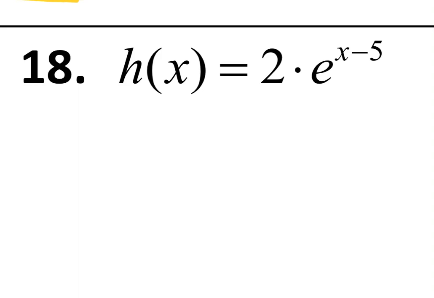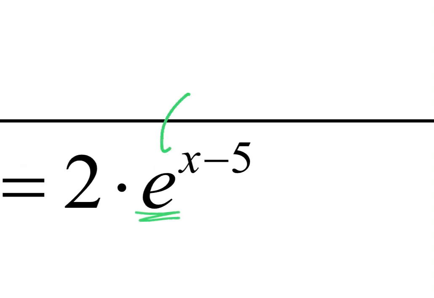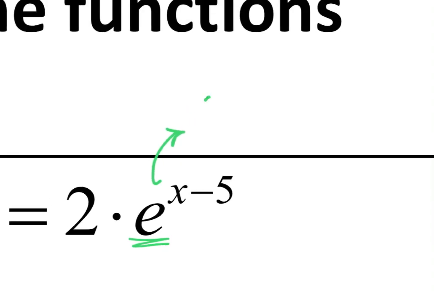Now, for this last one, again, I would clear my calculator, go back into y equals, type exactly what you see, but remember that in order to type e, you want to do second and then ln, which is near the bottom on the left.